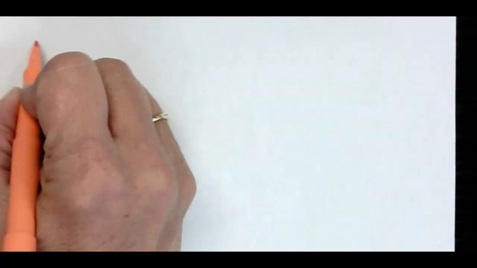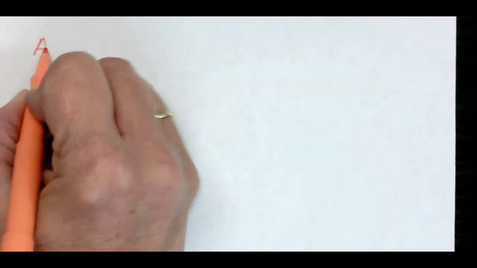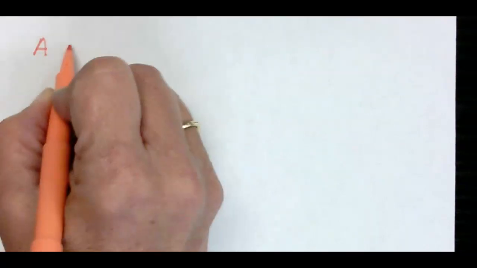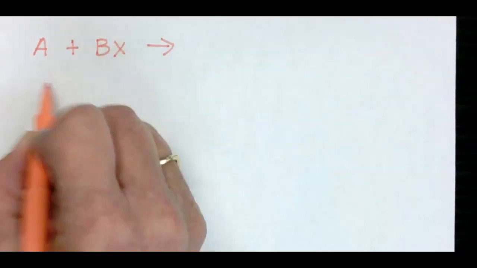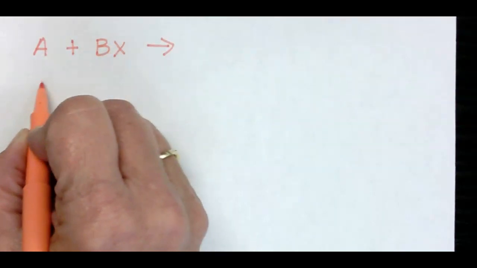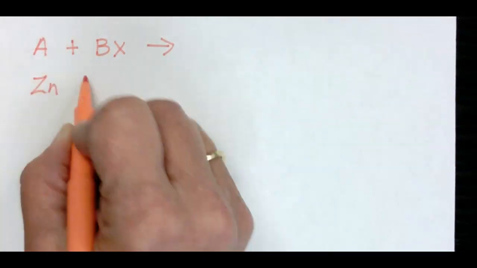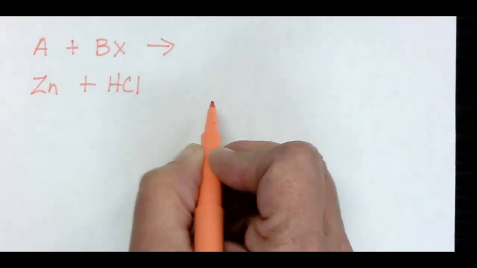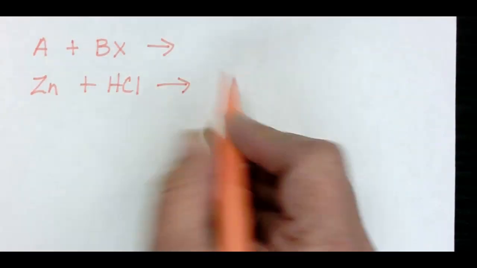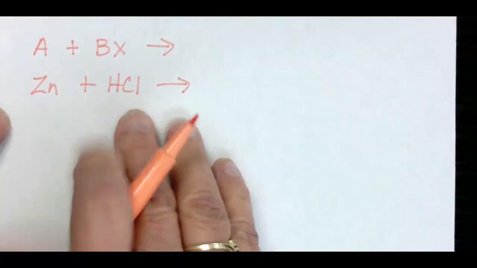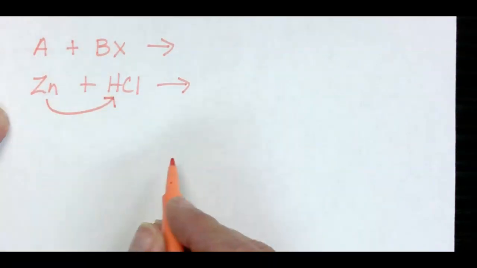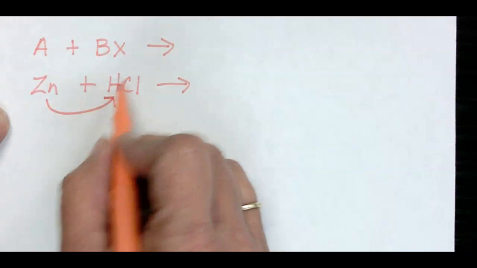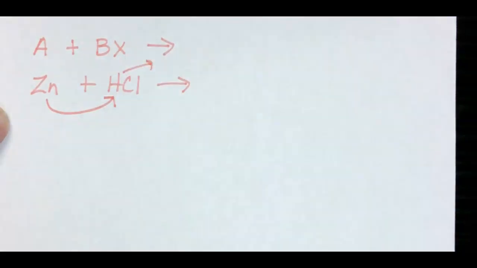So the next reaction we're going to talk about is when I have an element and I have a compound. And this example might be something like if I have zinc plus HCl, hydrochloric acid, and I put these two together, what happens is this zinc will actually come over here, and it's strong enough that it knocks off the hydrogen, and it bonds then to the chlorine.